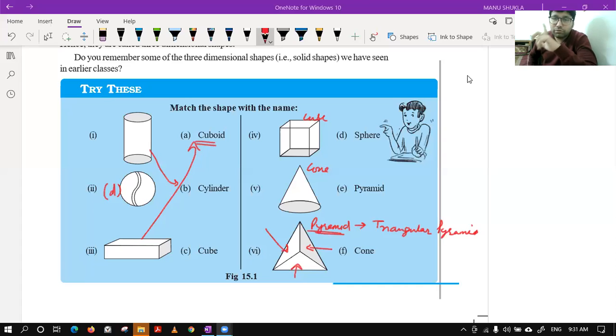Now, for the prism, what are the lateral surfaces? As I've told you, in the case of pyramid, lateral surfaces or the side surfaces are triangles. What are the lateral surfaces in the case of prism?